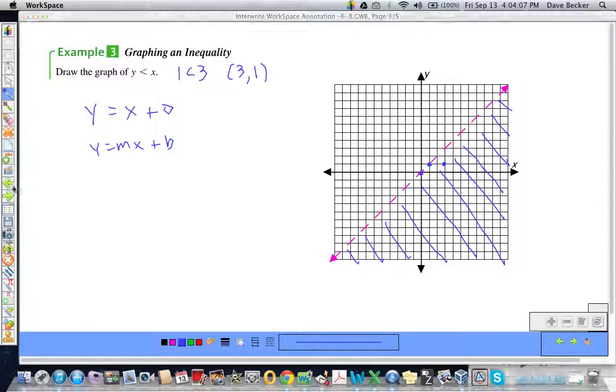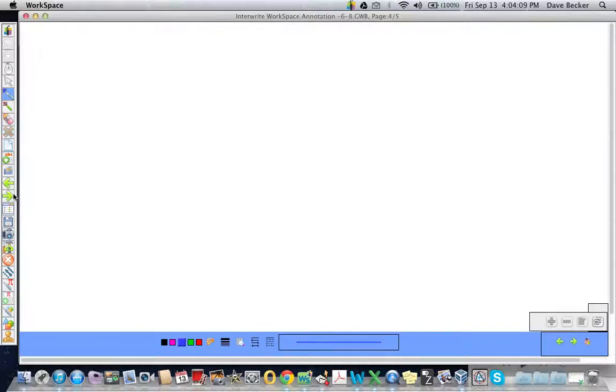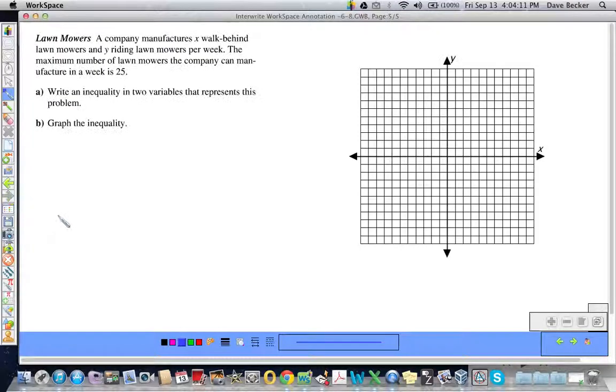Okay, last example, and I will be quiet. And that is this one, lawnmowers. A company manufactures x walk-behind lawnmowers and y riding lawnmowers per week. The maximum number of lawnmowers the company can manufacture in a week is 25. A. Write an inequality in two variables that represents this problem.